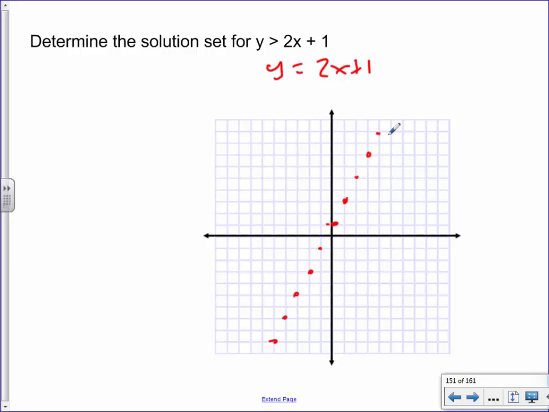Okay, so in a way, we're kind of drawing our number line. I should tell you the standard convention here. If this thing right here does not have the equals bit on it, standard convention is to draw a dashed line. So you draw it like this is how you'd sketch it.